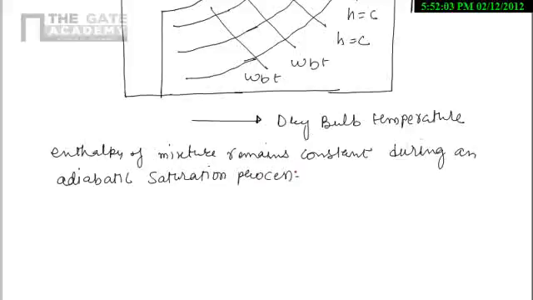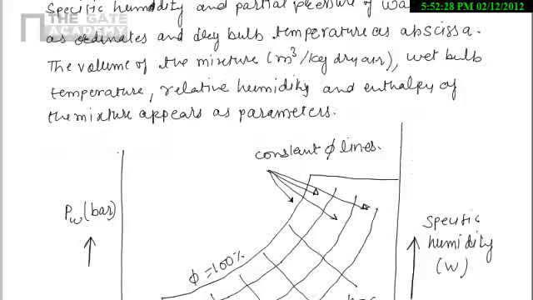Now on this diagram I will define the constant volume lines. These are the constant volume lines.